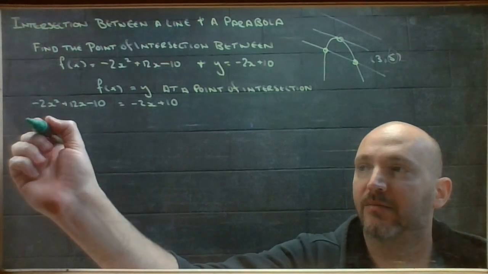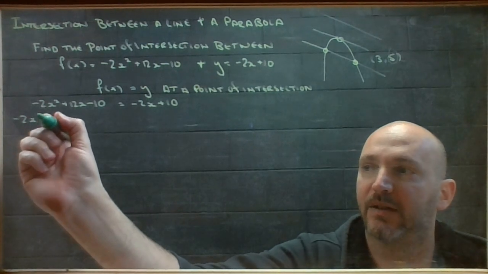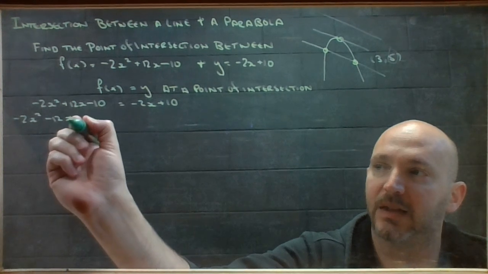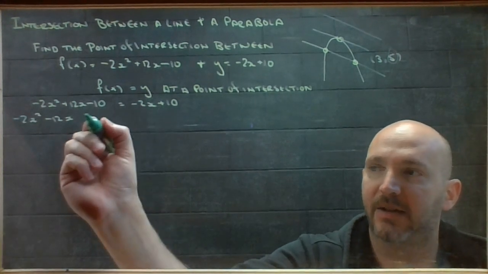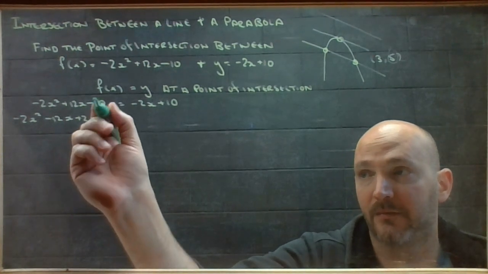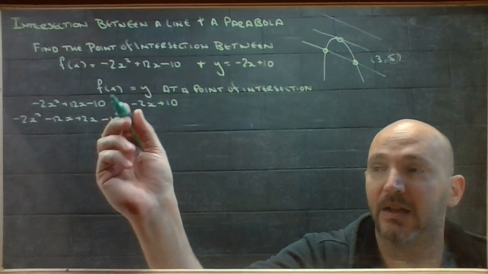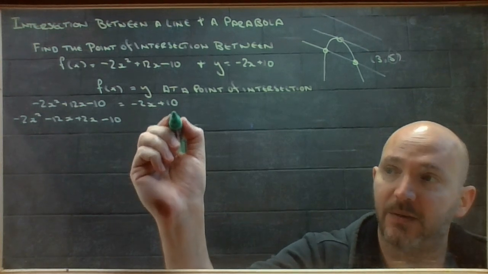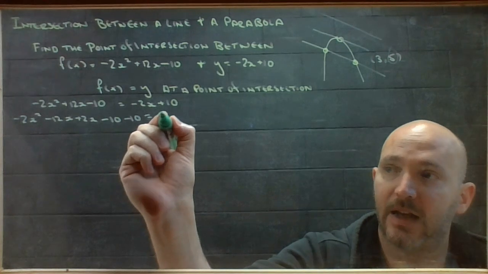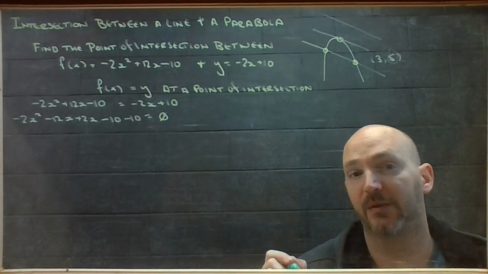So this doesn't have any friends to join it. 12x was already there. Add 2x to both sides to get this over. This negative 10 was already here. Subtract another negative 10 to get this over on the other side. And there's nothing left on the right side at all now.